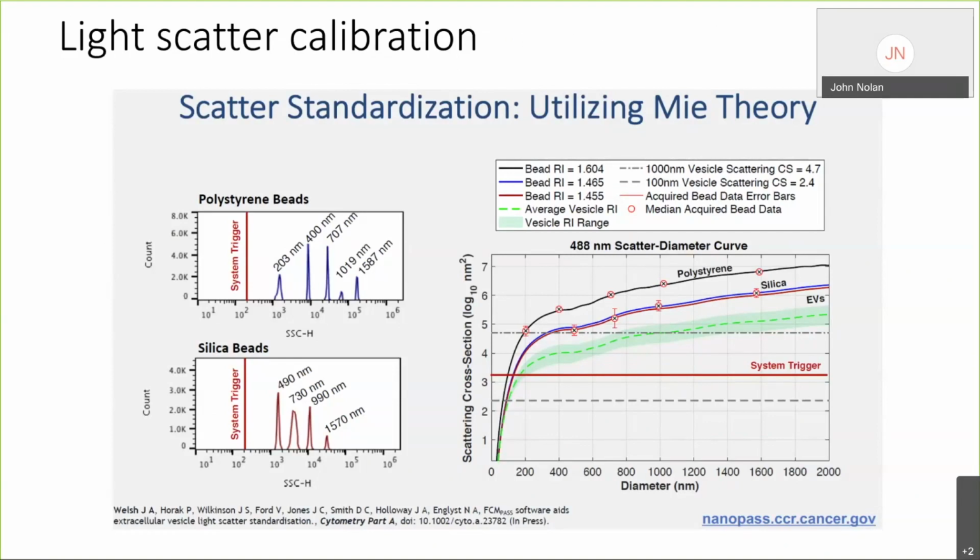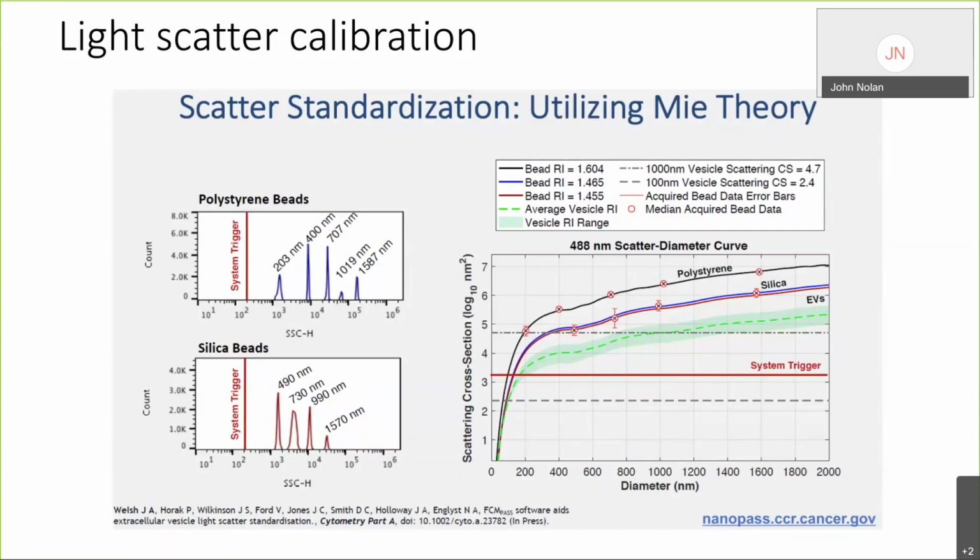And so if one surveys the literature, one will find cases where people used beads to set gates for identifying vesicles and used scatter signals from different size beads to try to say something about the size of the vesicles they were measuring.